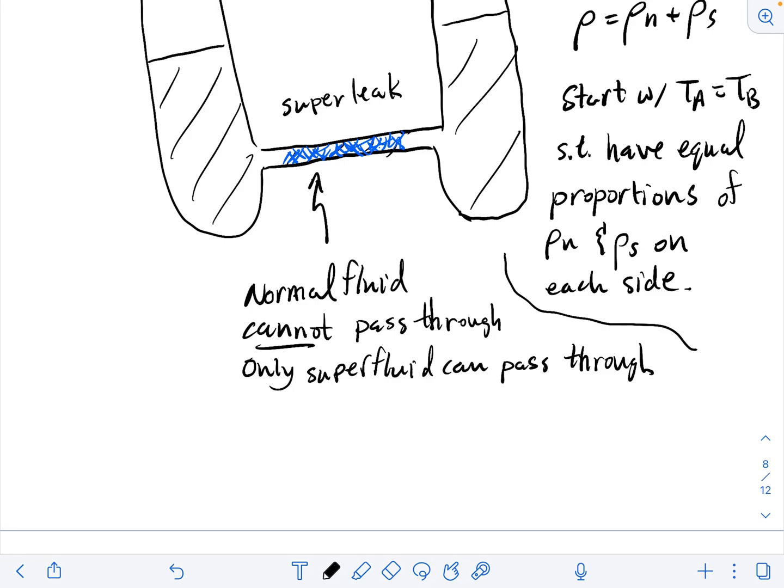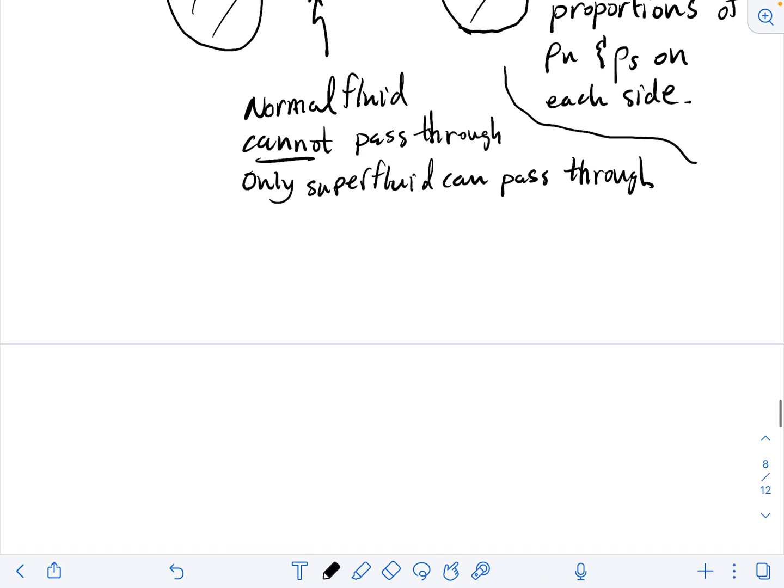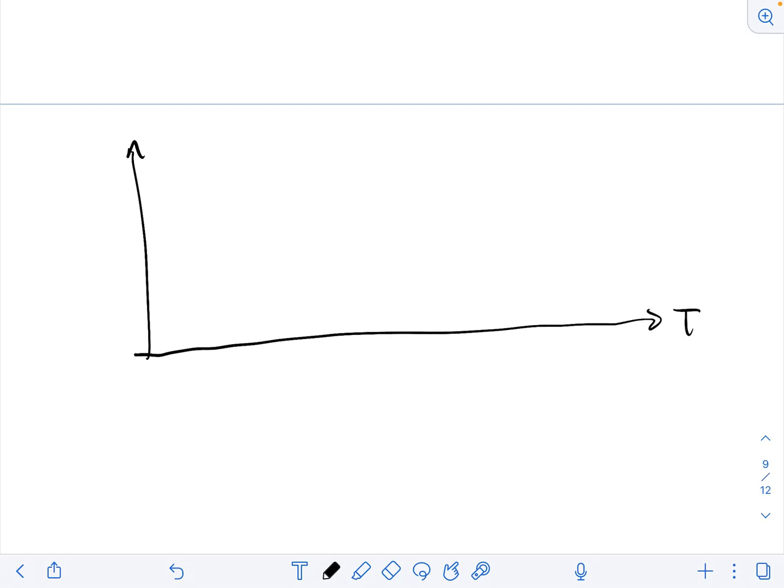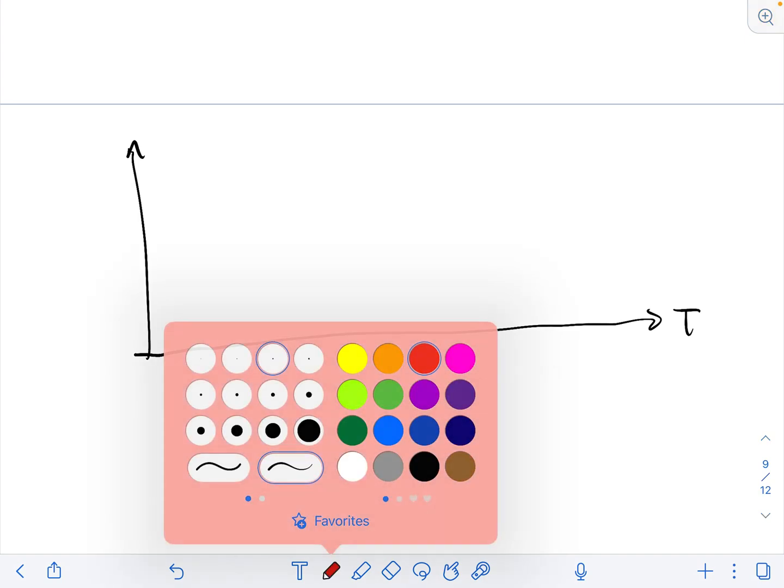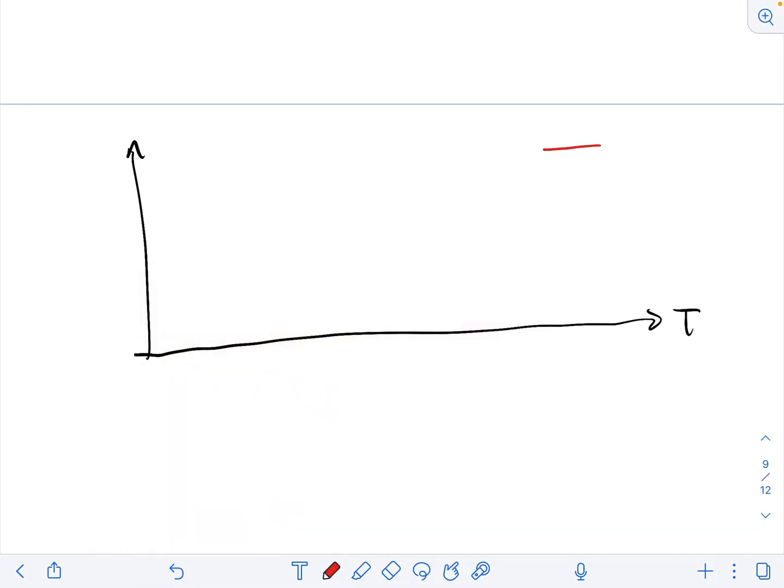Okay, so one thing we want to remind ourselves of is this plot of the superfluid and normal fluid density as a function of temperature. So at high temperatures, what we have is all normal fluid, and so this is rho n. So the entire density is made up of normal fluid. And then we go through the superfluid transition, and the normal fluid fraction decreases, and then it goes to 0 at really low temperatures.